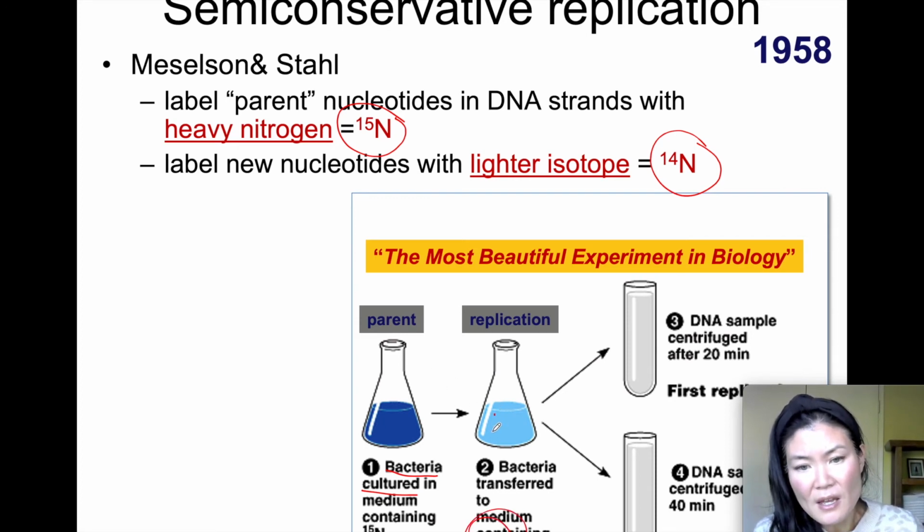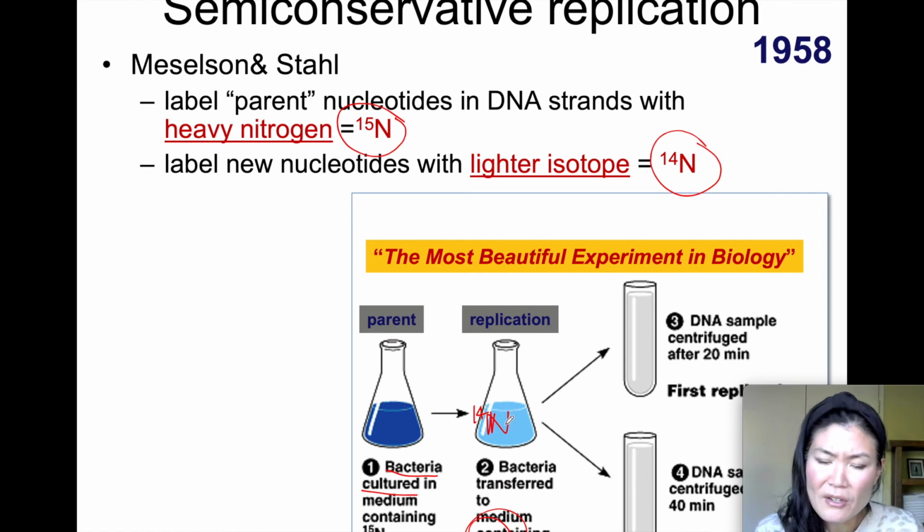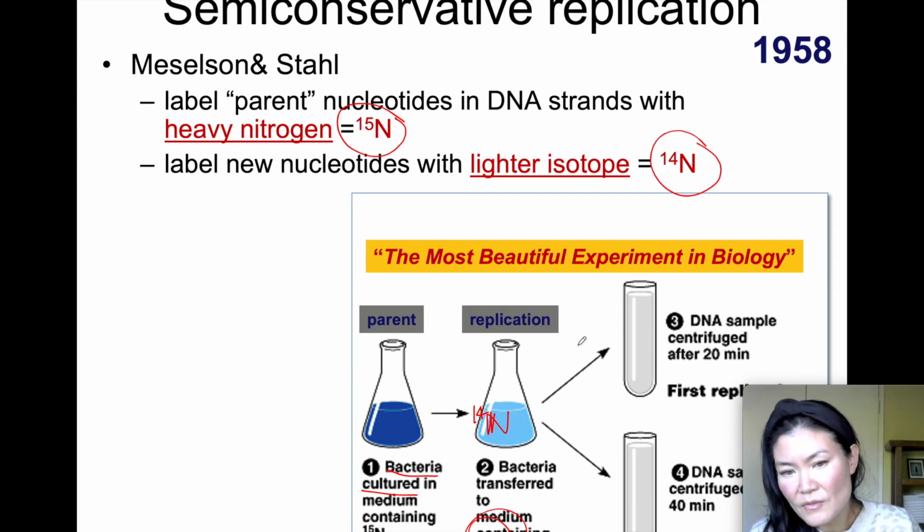This medium had nitrogen 14, which was light. And then they tested the DNA. What kind of DNA molecules are in there? Did they have nitrogen 15? If it was conservative, you would have two strands of DNA that were nitrogen 15, and the two strands of the new DNA would be nitrogen 14.